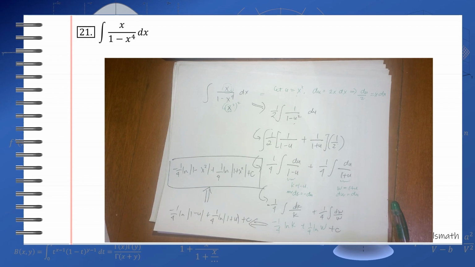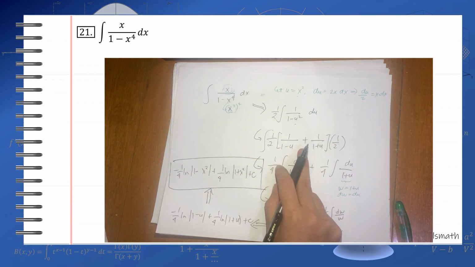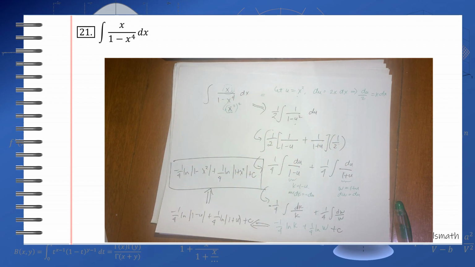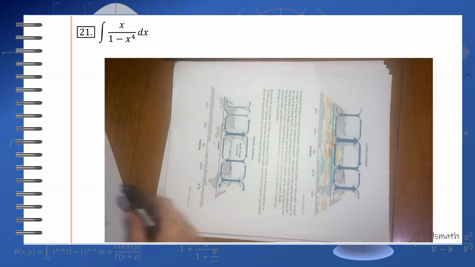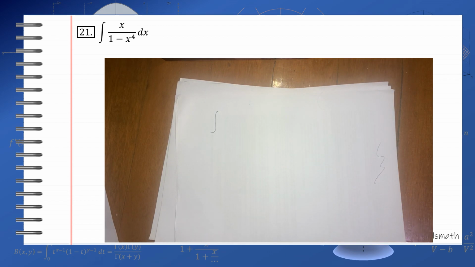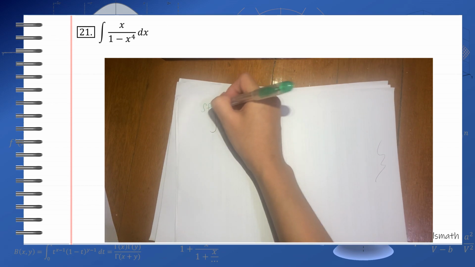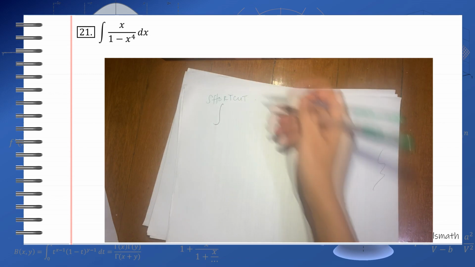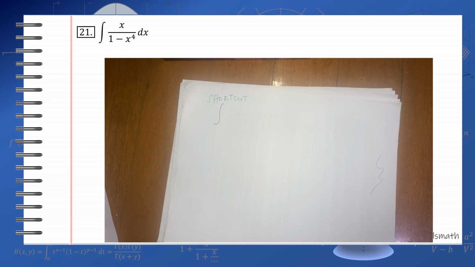Okay, maybe you don't believe me writing this into this. I'll tell you a shortcut. Whenever there's a shortcut, a bonus for this video, an Easter egg.